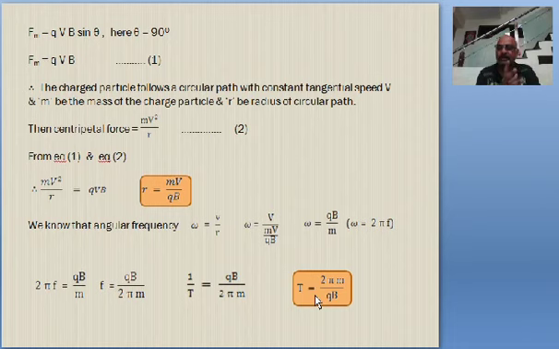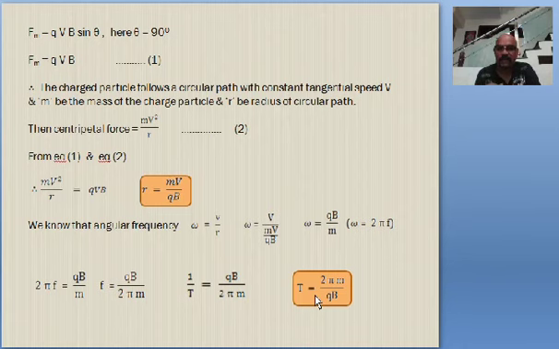So this is what happens, dear students. Please remember, when the charged particle enters the magnetic field with a velocity v at right angles to the magnetic field, it experiences the maximum magnetic force, and that maximum magnetic force provides the centripetal force, and therefore the particle goes in a circular path.